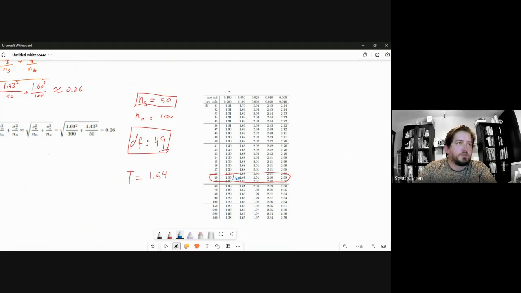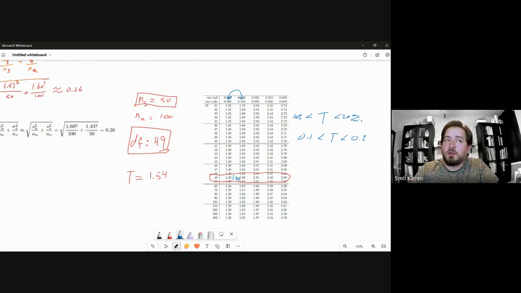So I know that since it's a two-tailed test, and we saw this last time, it's between 10 and 20%, right? So my T value is somewhere between 10% and 20%, or between 0.1 and 0.2, right?